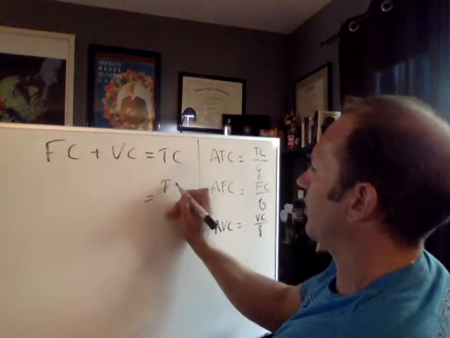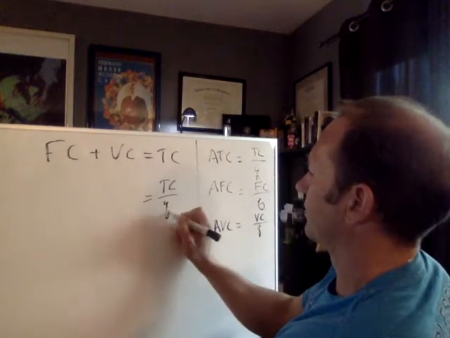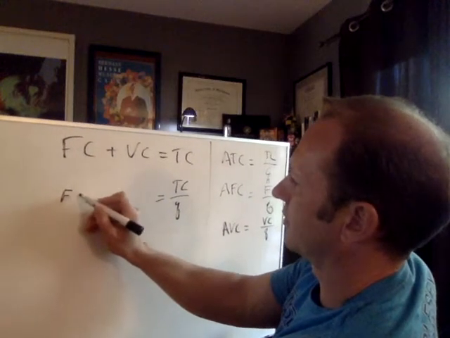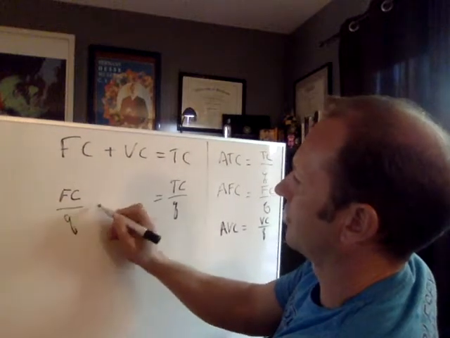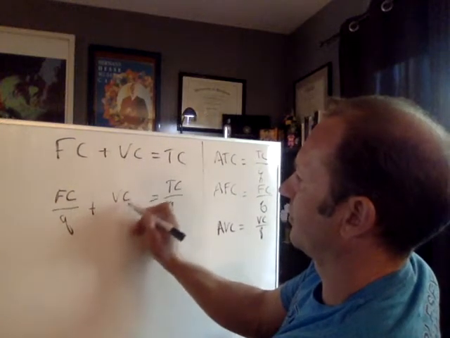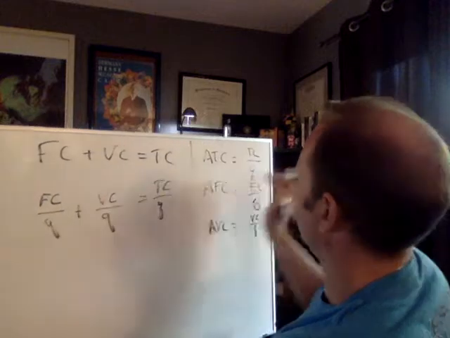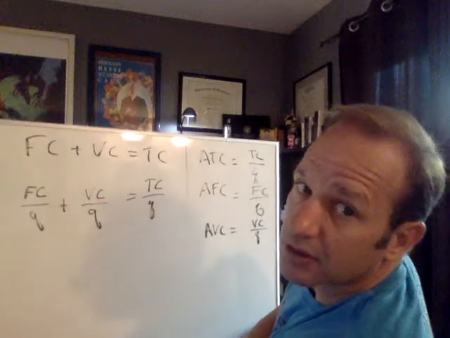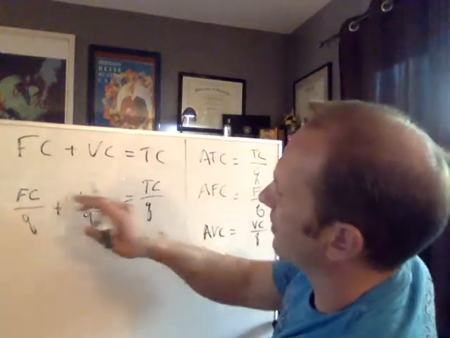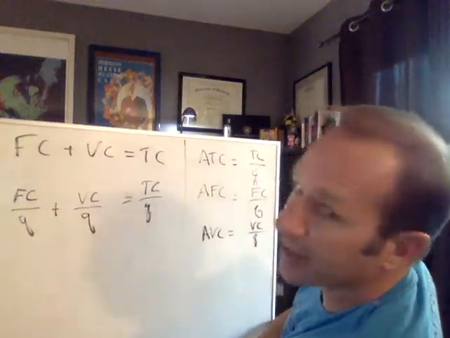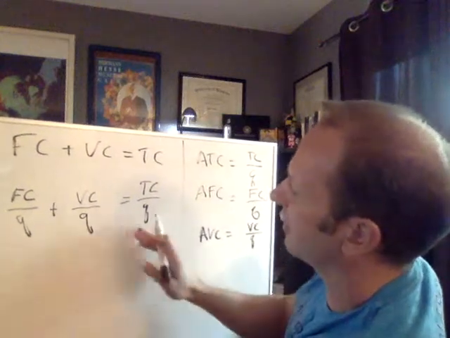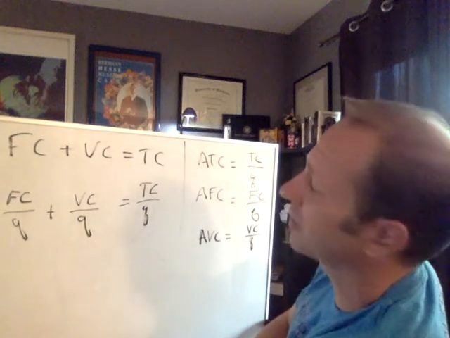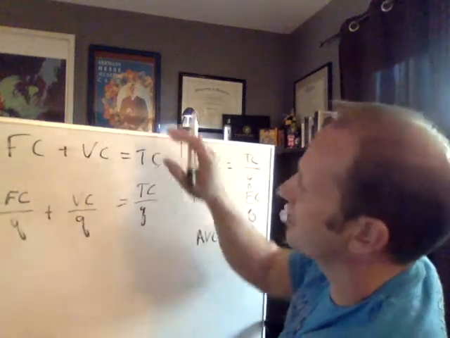So look, what if I wrote it like this? Isn't that these three things over here? Well, the tops are the same. And when you add and subtract fractions, you have to have the common denominator, and all you do is add and subtract the tops. That's how arithmetic with fractions works. So this is the same as this.